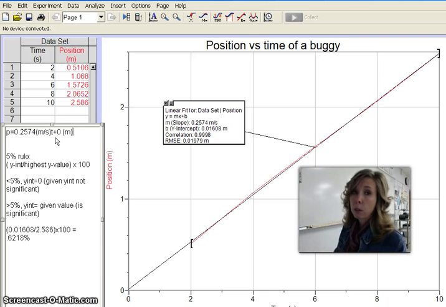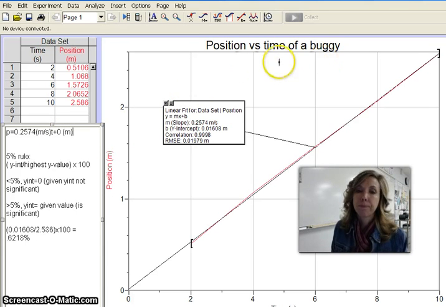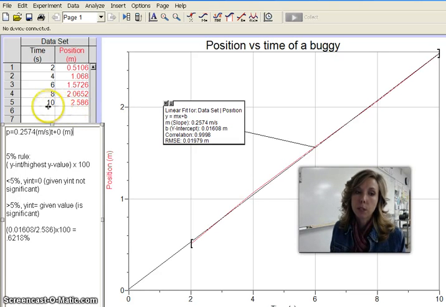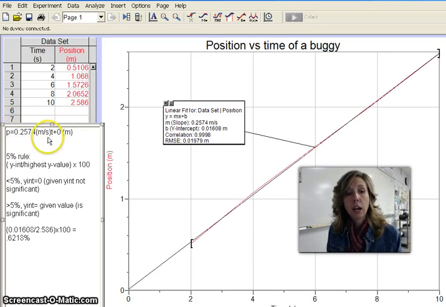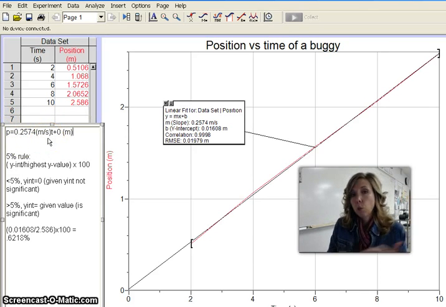Mathematical models are very important to us because they allow us to predict circumstances that were not tested. So for example, this is a test about a buggy in position and time. The last time that a position was recorded was at 10 seconds. But I know the mathematical model now of this buggy, and I could predict where this buggy would be at 20 seconds.